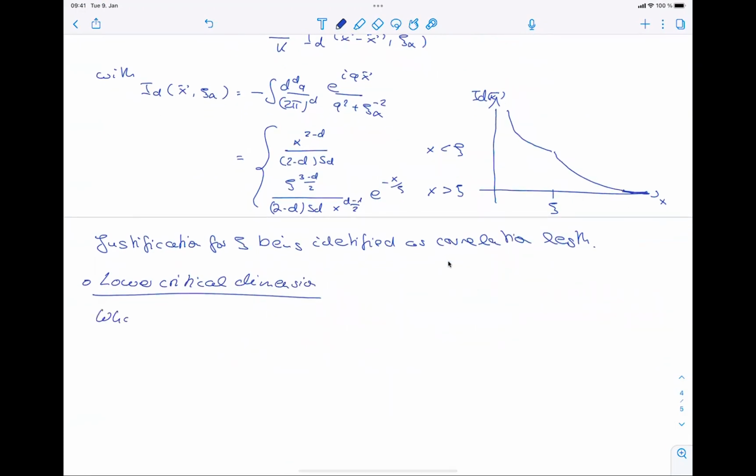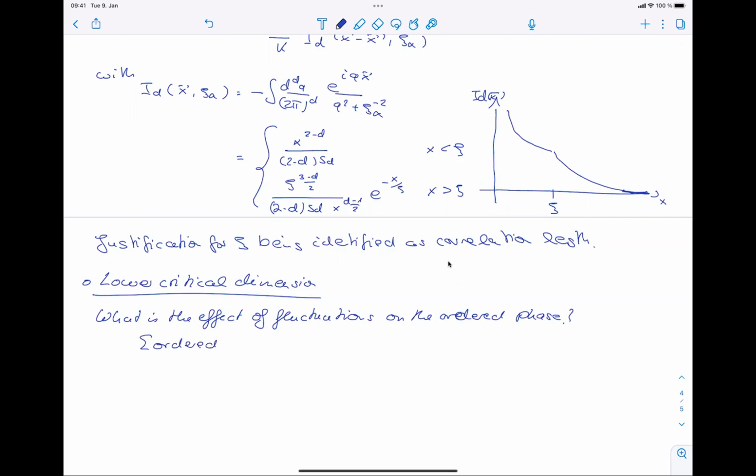And so the question is, what is the effect of fluctuations on the ordered phase? With ordered phase here being the mean field theory.